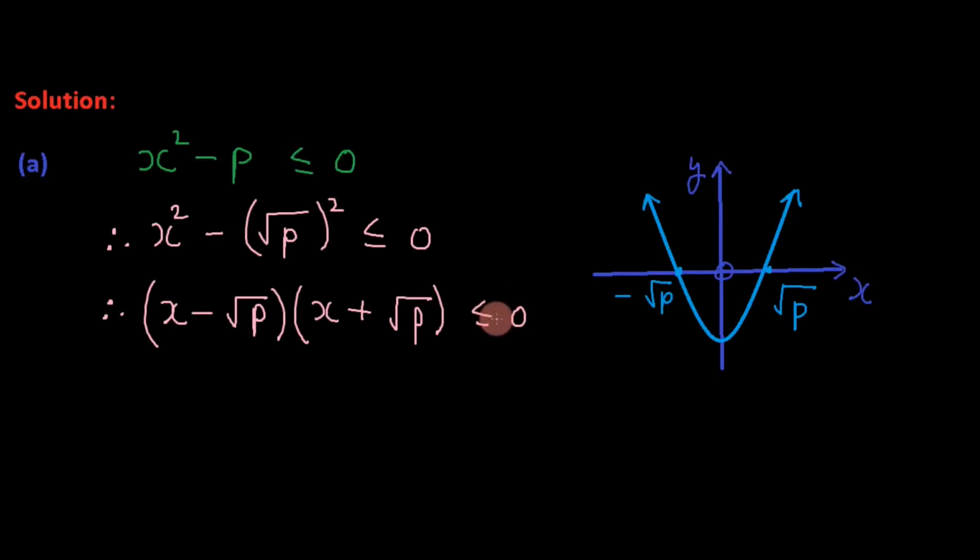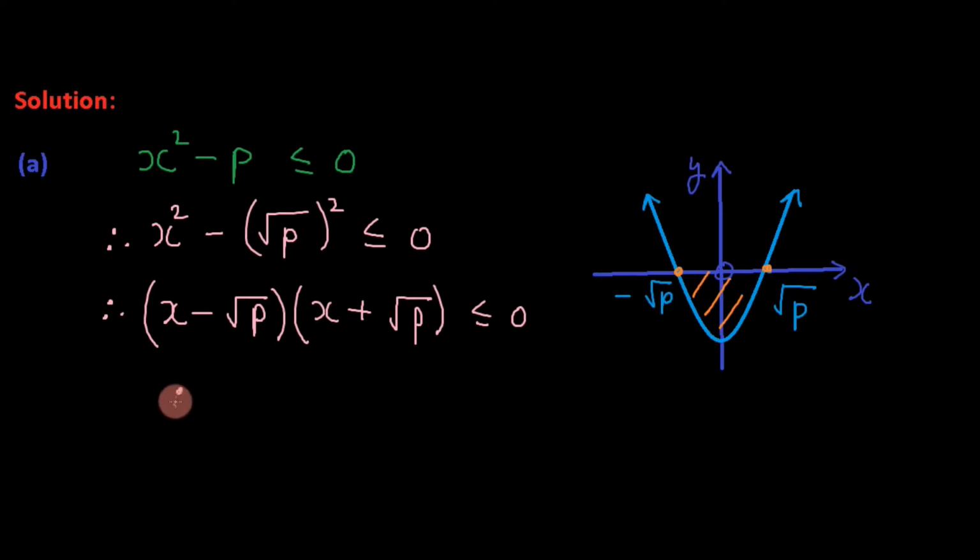So either less than 0 or equal to 0. Now we can see from the graph that the parabola is equal to 0 at these 2 points, at negative and positive square root p, and it's less than 0 or negative for this region. In other words, for all x's between negative and positive square root p.